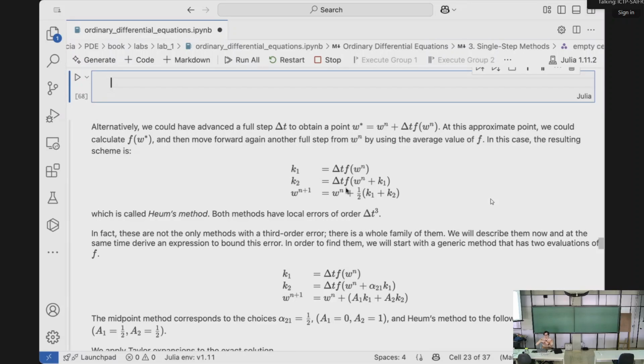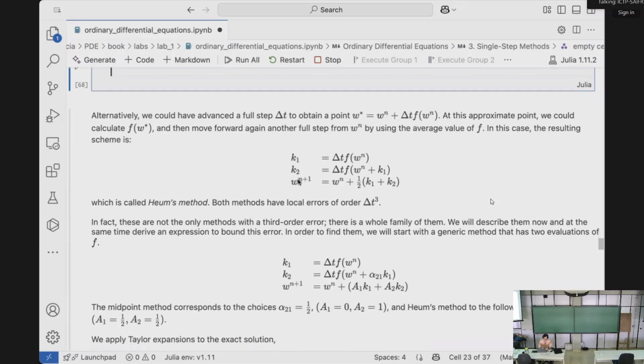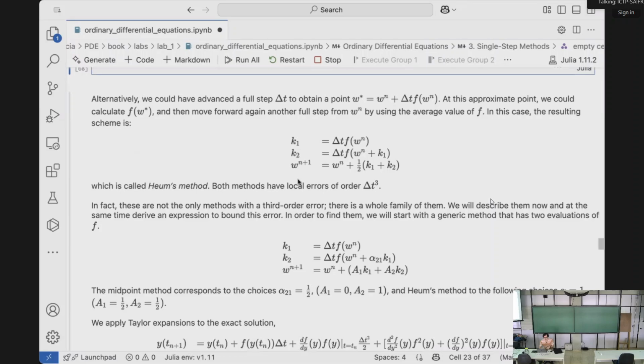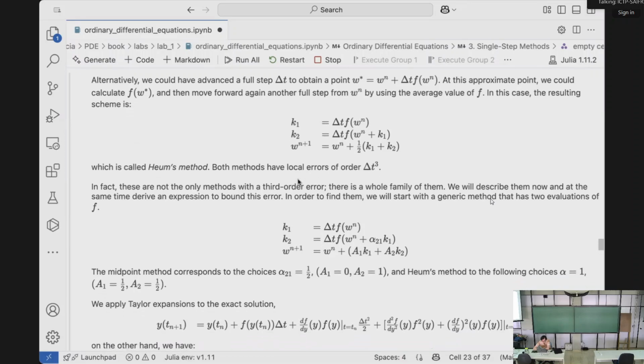Then okay, if we had taken that f, what would the Euler step have given us? And then we average the two solutions. This is Heun's method, and this also has a local error of order dt cubed. You can always check this by checking the derivatives and seeing what cancels out with what.